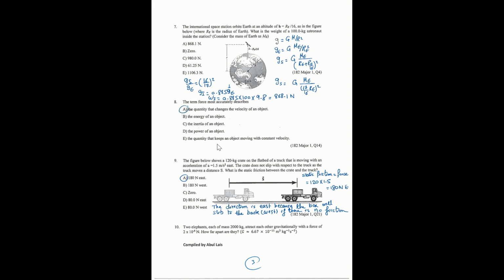And of course, it's not the quantity that makes you move with a constant velocity, because the force must accelerate you. It cannot just keep you moving at a constant velocity. If you are moving at a constant velocity, that means that the net force acting on you equals zero.